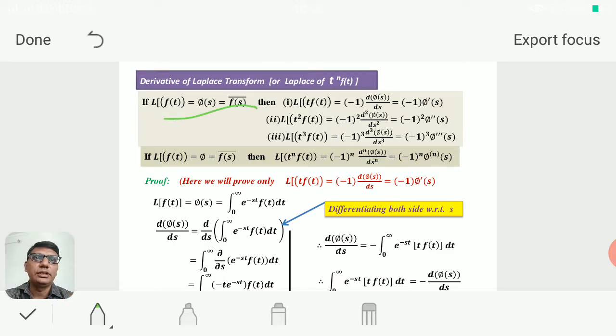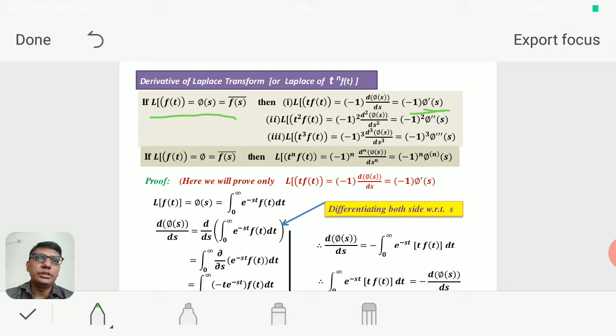Then Laplace of t f(t) is minus one time derivative of Laplace of f(t), that means phi of s.